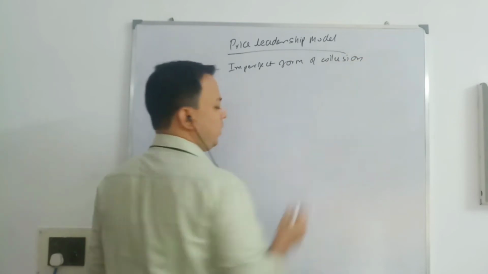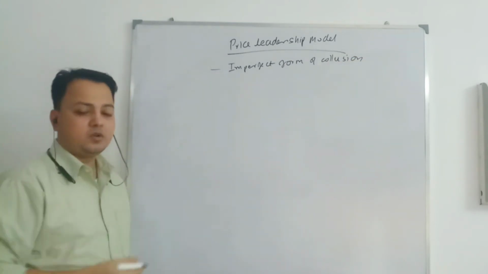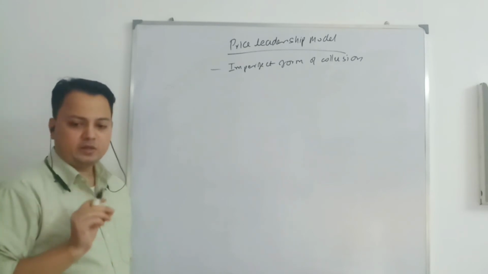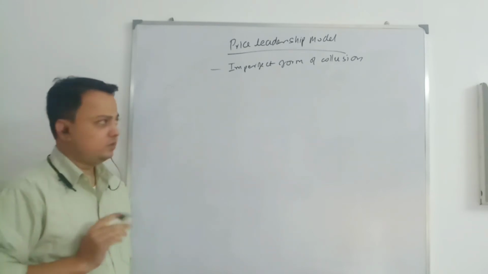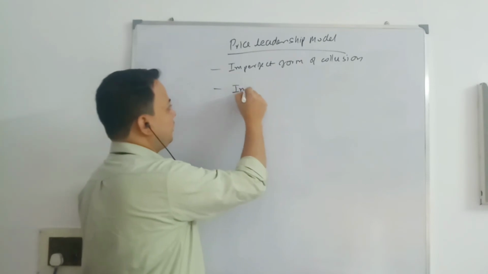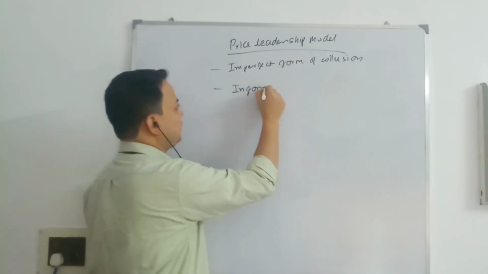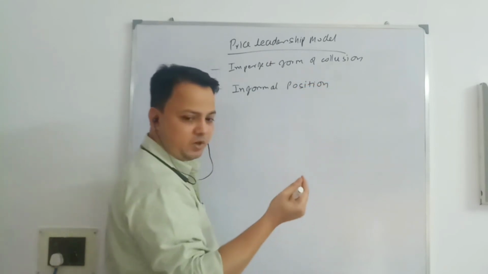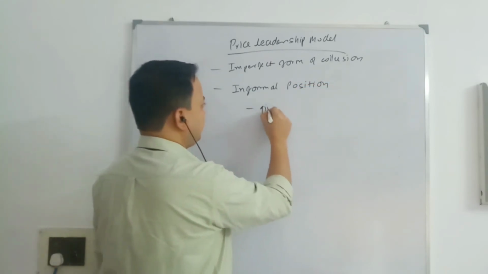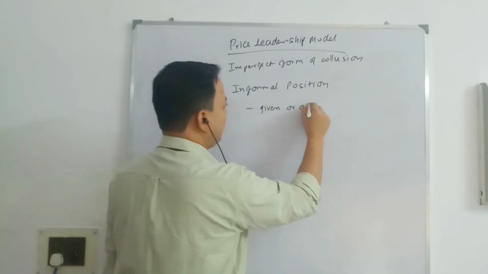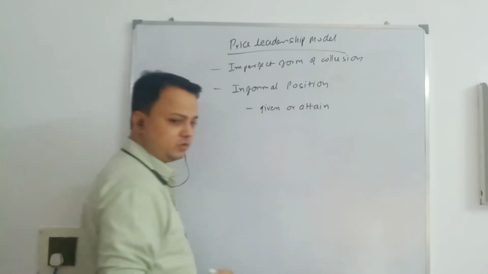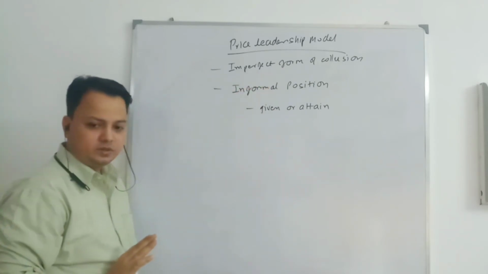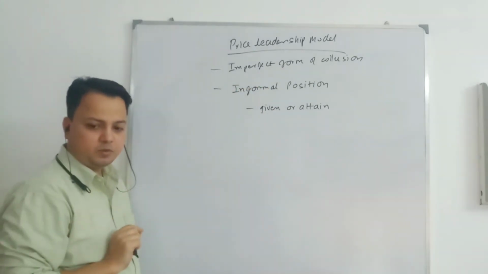What is the reason that we see an imperfect form of collusion here? Because a particular firm will acquire an informal position. Either it is given to that particular firm, or the firm attains that position. I am repeating again. Why is it called imperfect collusion?